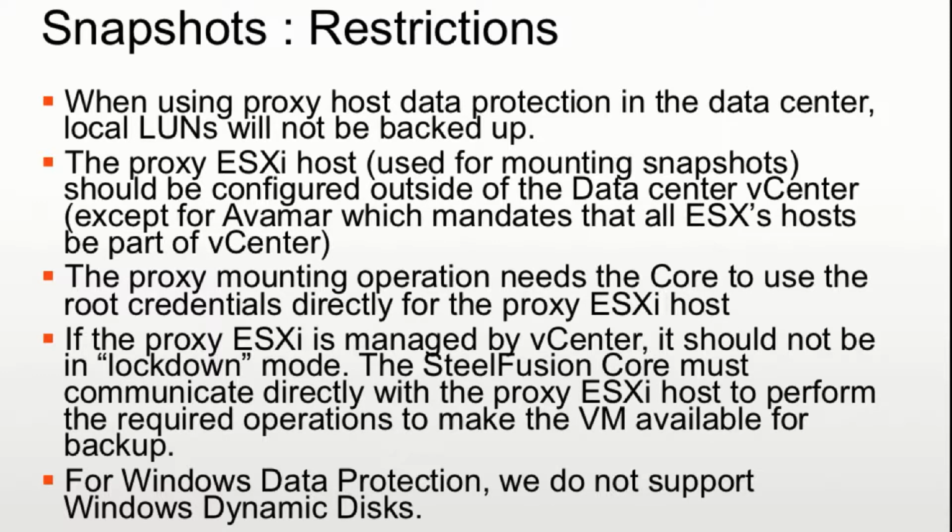We need to have root credentials when we are adding the proxy ESXi host. Also, if the proxy ESXi is managed by vCenter, it should not be in lockdown mode. What that means is the SteelFusion Core must communicate directly with the proxy ESXi host to perform the required operations to make the VM available for backup. Last but not the least, for Windows data protection, we do not support Windows Dynamic Disk.